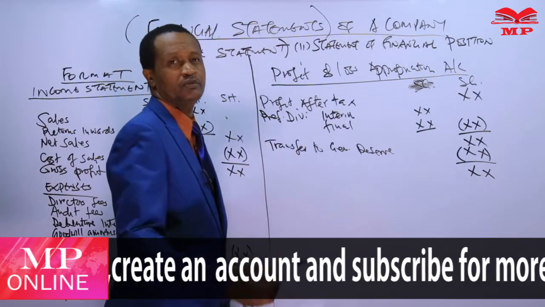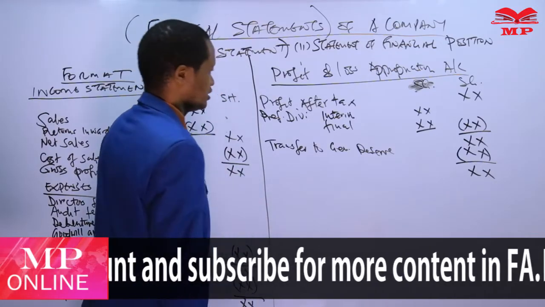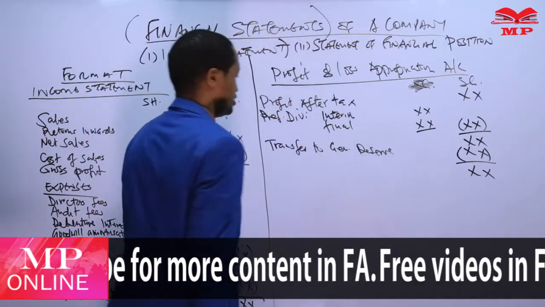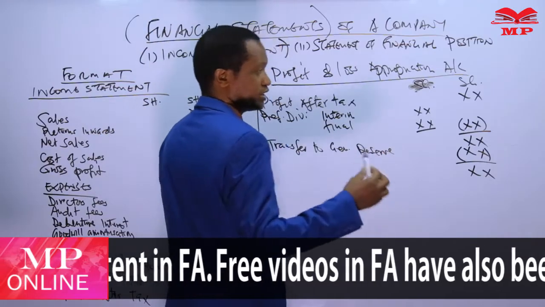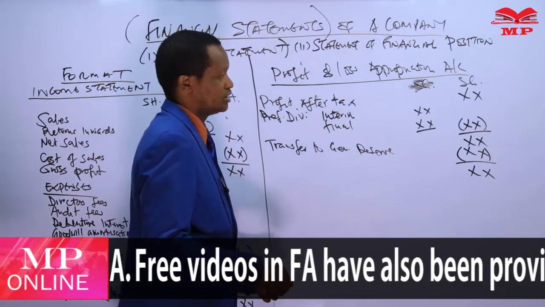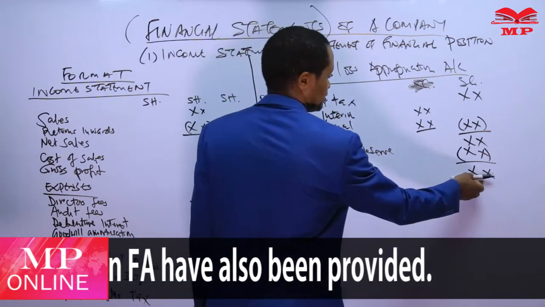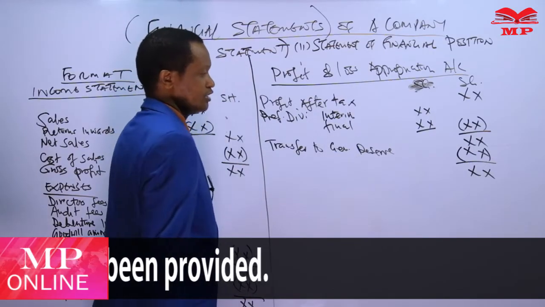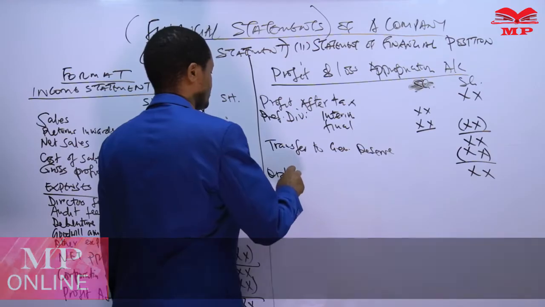It can be the fixed asset replacement reserve or any other reserve. So what remains here should be paid depending on the dividend policy of an organization. Then this amount here can be distributed, all of it, in form of dividends. That is the ordinary dividend.